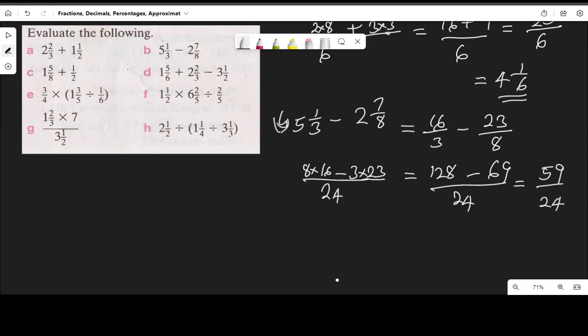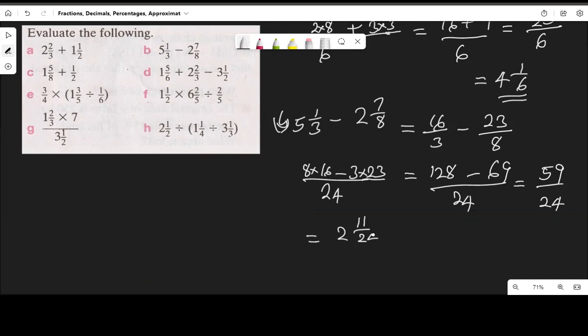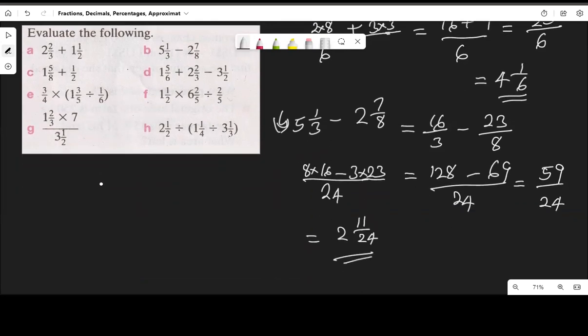And 59 divided by 24 is 2 whole number. 24 times 2 is 48. So 59 minus 48 is 11. So our answer there is 2 whole number 11 over 24.